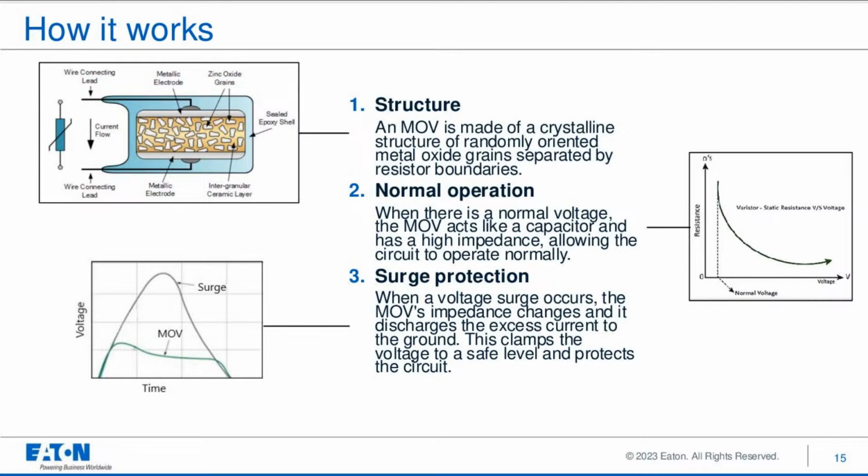The MOV will begin to conduct once it reaches a certain voltage value and then maintain or drop the voltage down to a point that's above the operating voltage of the system. If sized correctly, this will be below the voltage withstand or damage threshold of the component that it is designed to protect. Once the transient passes, the resistance goes back to normal.